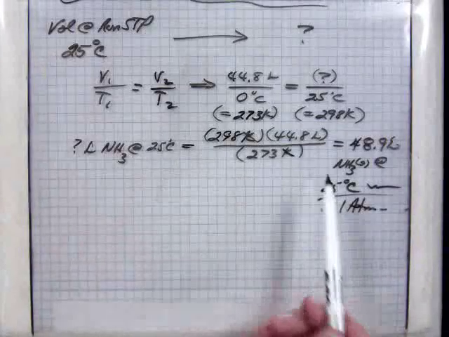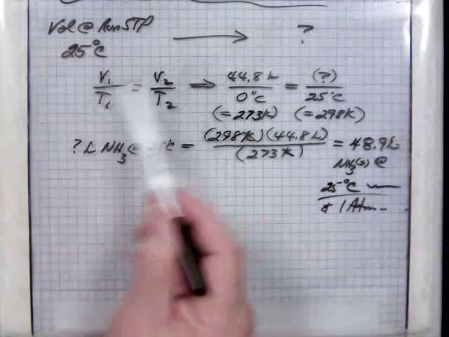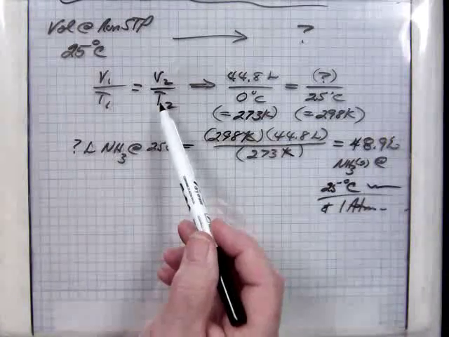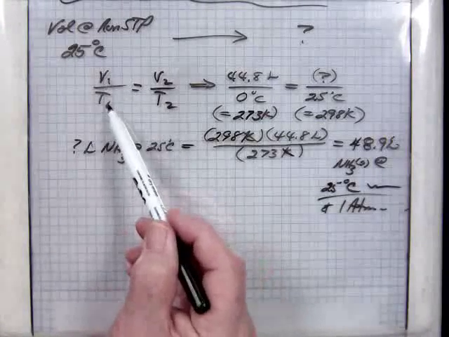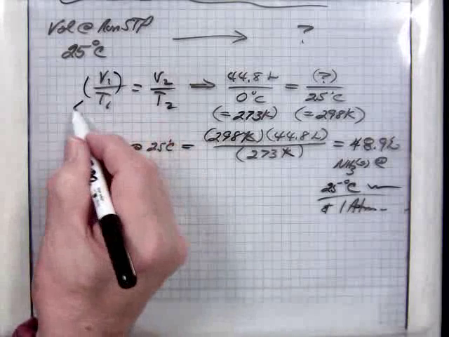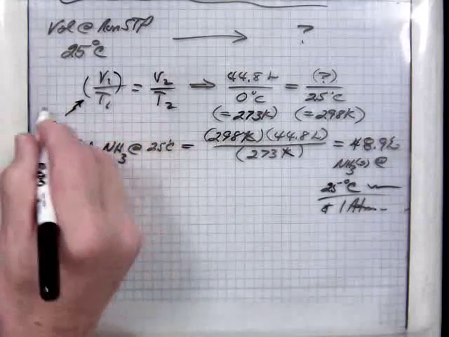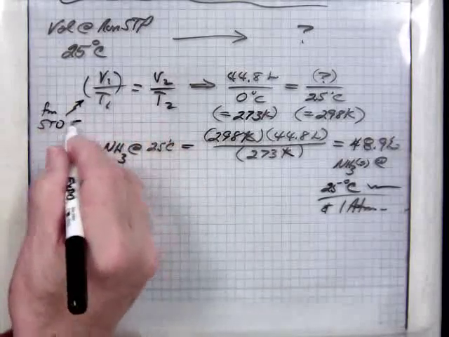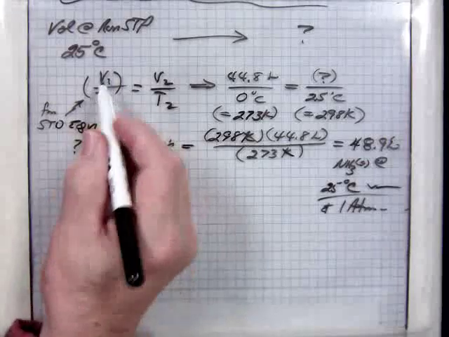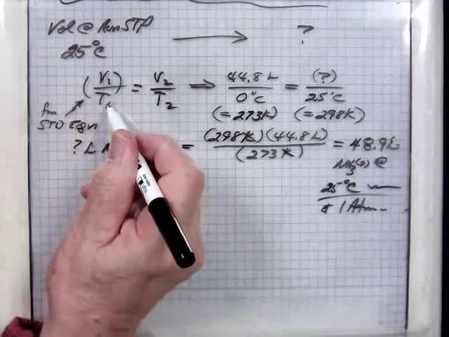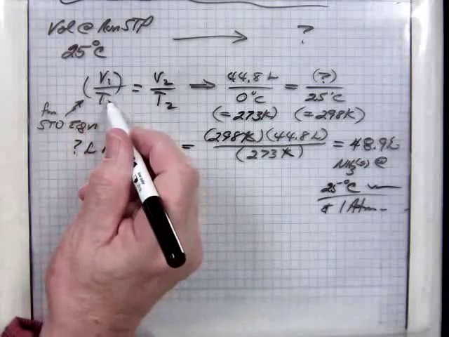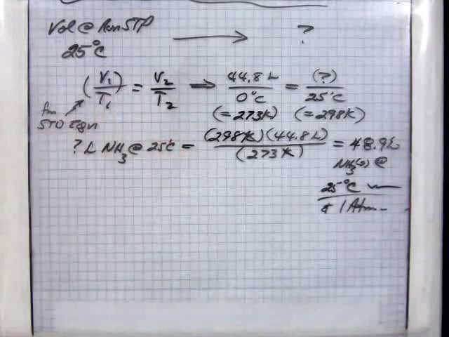Of course, we're using the Charles' law empirical formula relationship, where V1 and T1 are really from the standard equation. And so temperature is 0 Celsius or 273, and the volume is based on 22.4.